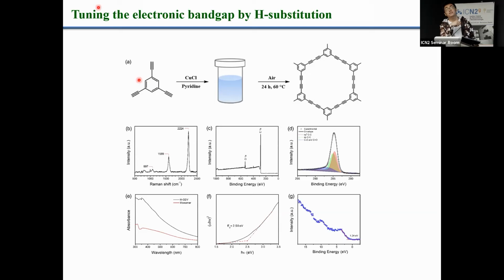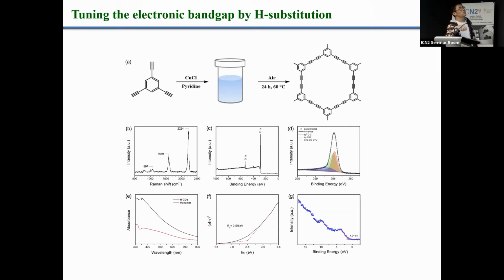So if you design a different monomer, you can get a different graphene. Here we use this monomer because it has 3 hydrogen atoms, so these 3 hydrogen atoms can introduce the hydrogen atoms. So we use this bottom-up method and synthesize the hydrogen substituted graphene.